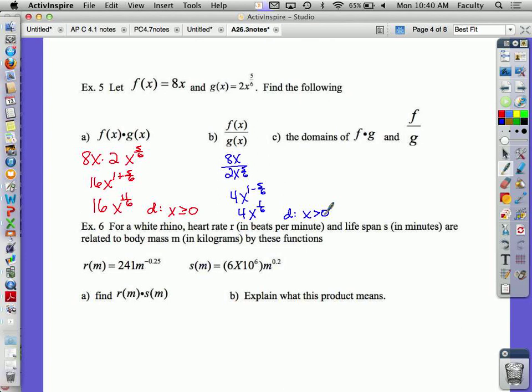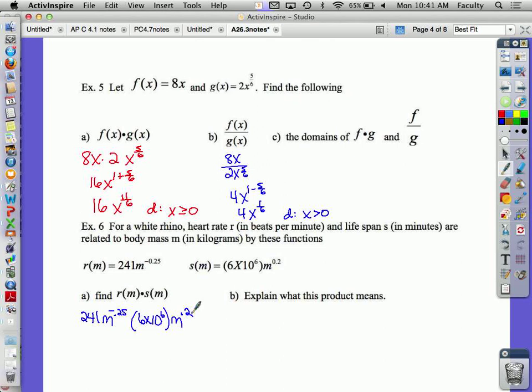It says find R of M times S of M. So we're going to take 241 M to the negative 0.25 power times 6 times 10 to the 6th times M to the 0.2.